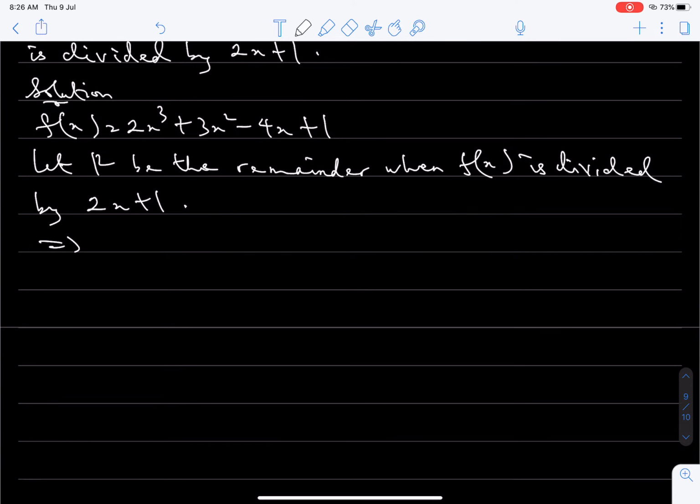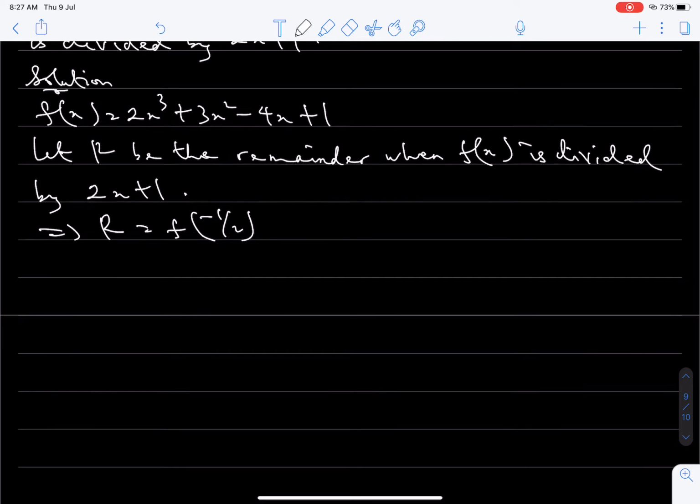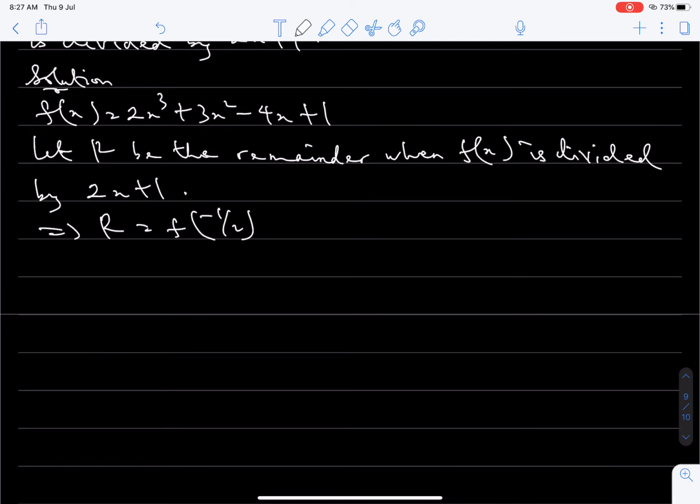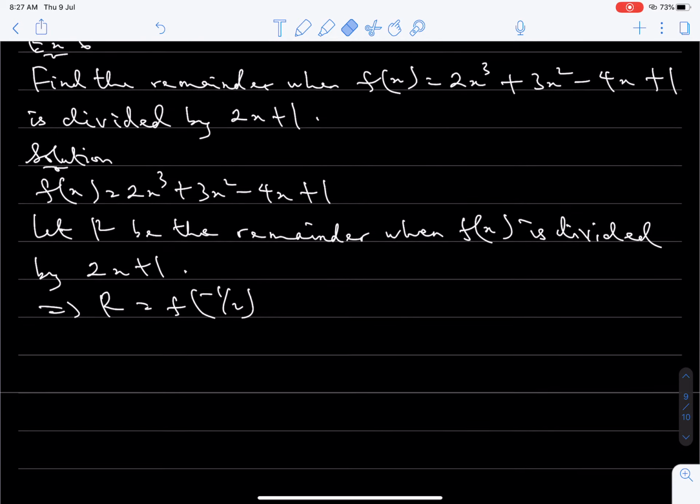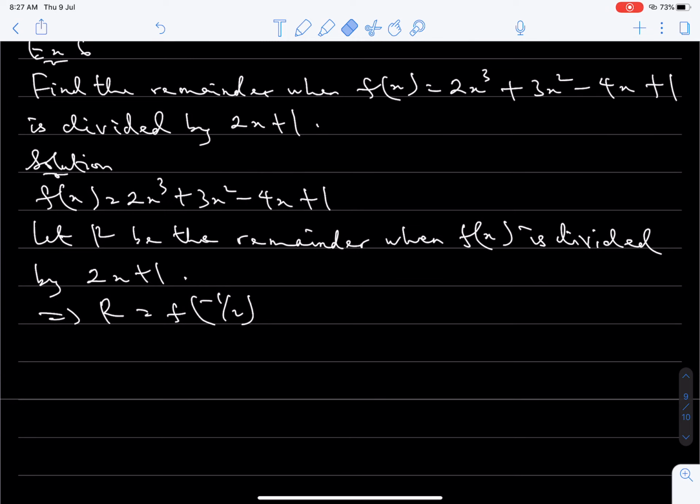That means the remainder r is, by the remainder theorem, f of 1 over 2. It's divided by 2x minus 1 and not 2x plus 1. So the remainder will be f of 1 over 2.